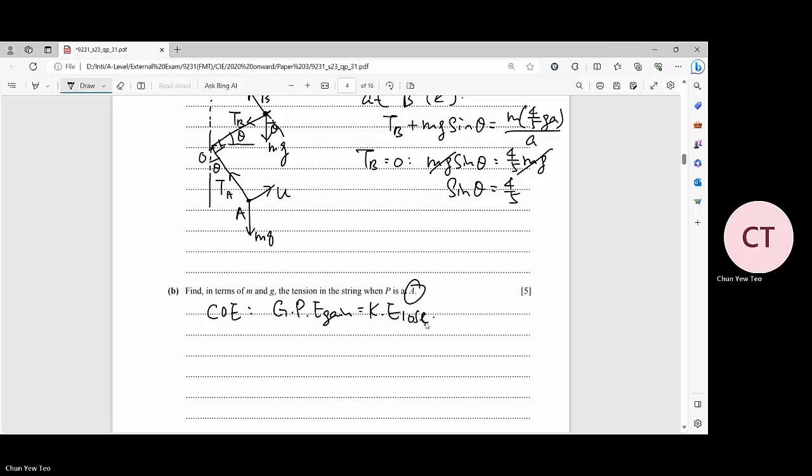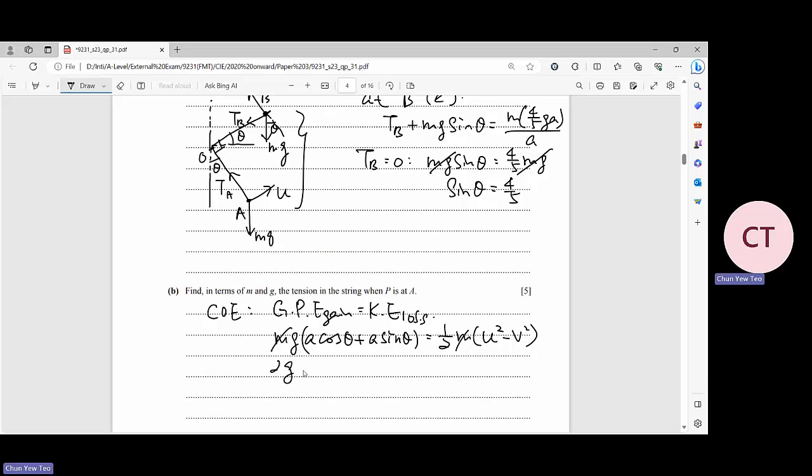Now, how are we going to build the formula? GPE gain is mgh. The h will be referring to the h here. So the h is actually A cos theta plus A sin theta. This is the h. KE loss will be half m, u square minus v square. Okay, so we can cancel the m.